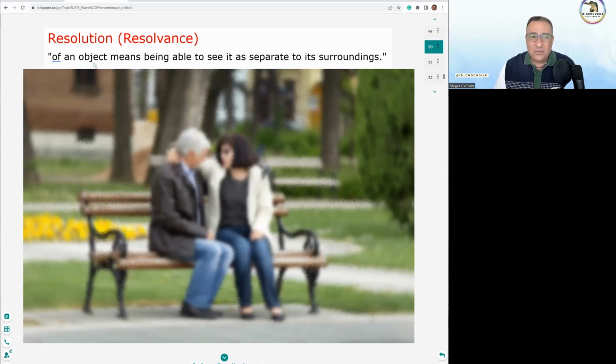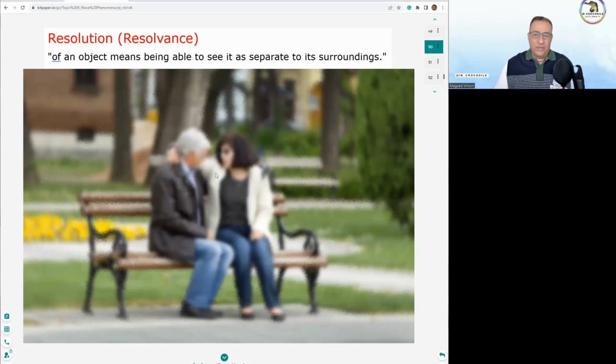So what is resolution or resolvance? Resolvance of an object means being able to see it as separate from its surroundings. When you look at this picture, it is blurry. You can see there's a couple in the picture, and there is some grass, but you cannot really see the grass as separate, or more details about the people in the picture.